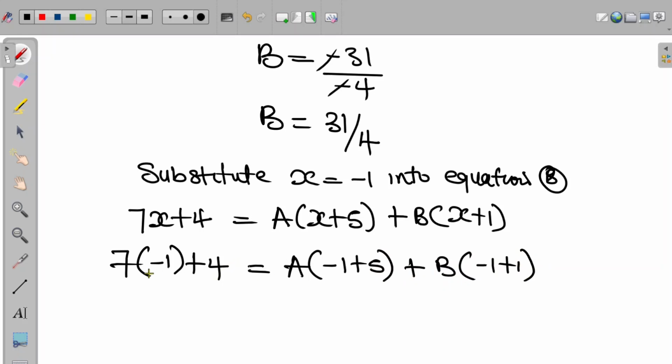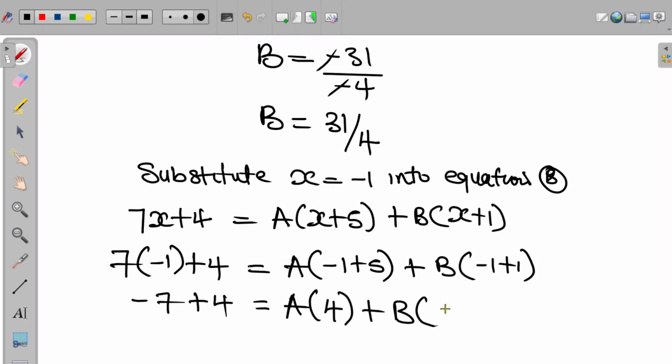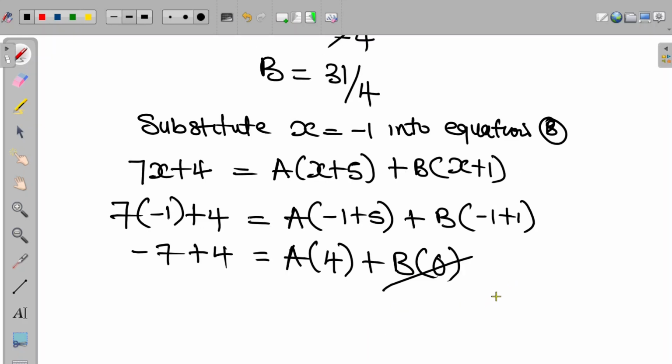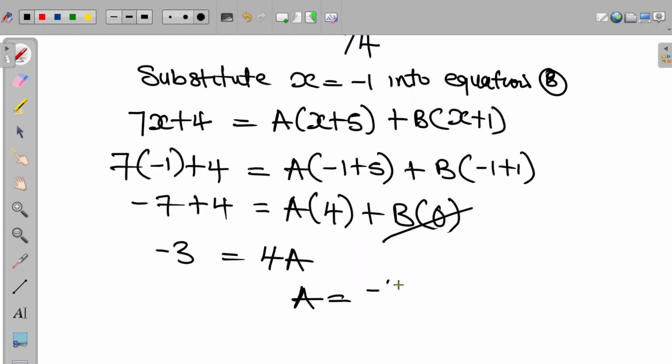At the left-hand side, 7 times -1 is -7 plus 4 equal to A times (-1 + 5), which is 4, plus B times (-1 + 1), which is 0. At this point, this will cancel out because B times 0 is 0. So -7 plus 4 is -3 equal to 4A. Therefore, A is equal to -3 divided by 4.